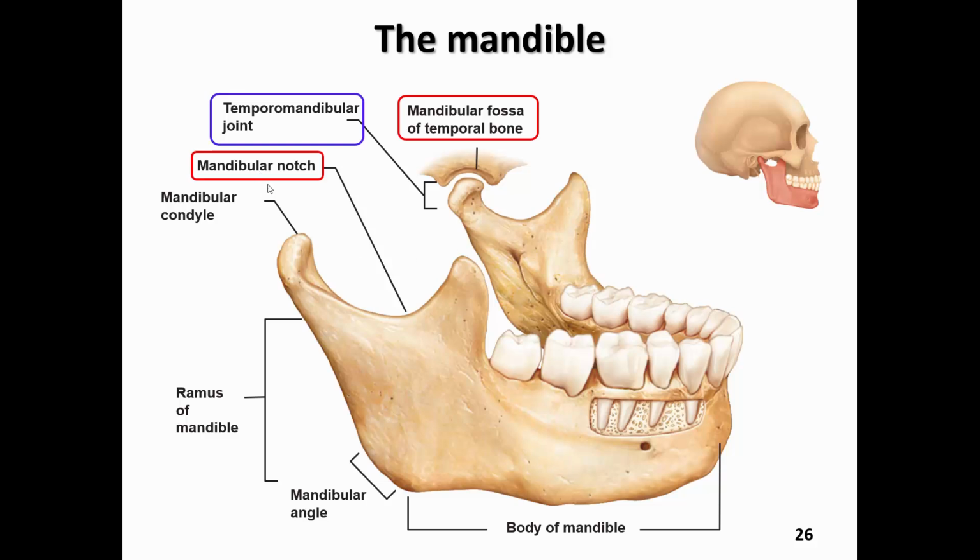We see a mandibular notch, which is a much greater concavity or depression here in the mandible. And the mandibular condyle is a typical rounded prominence, typically found at the ends of bones, and we'll see that in some of the other bones in the upper and lower extremity. And so this is a bilateral condyle.